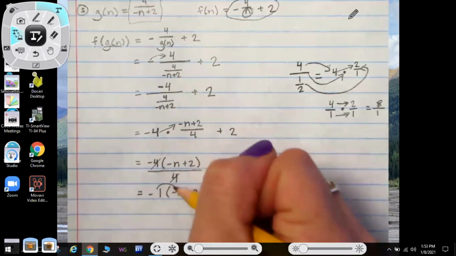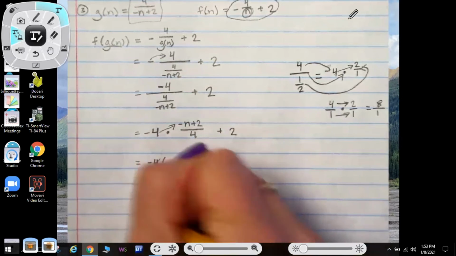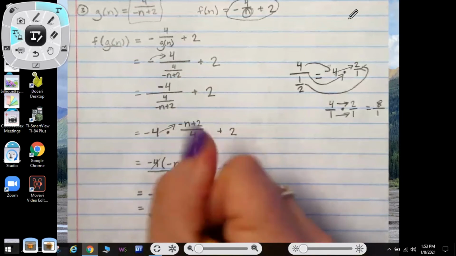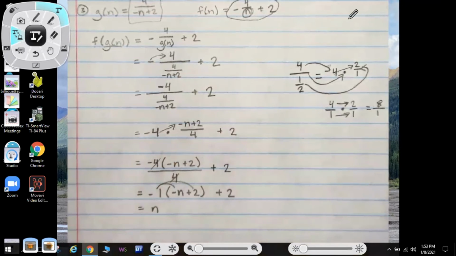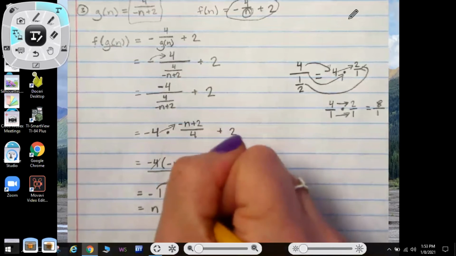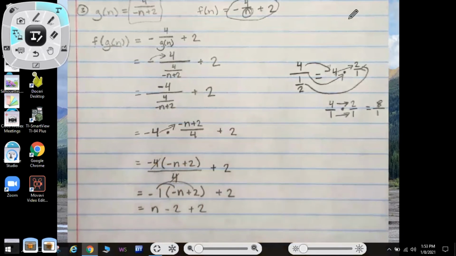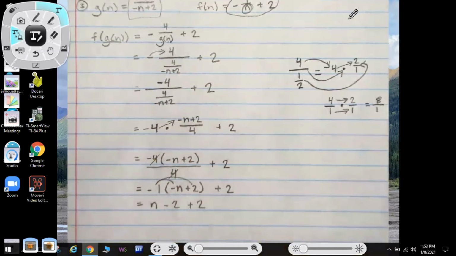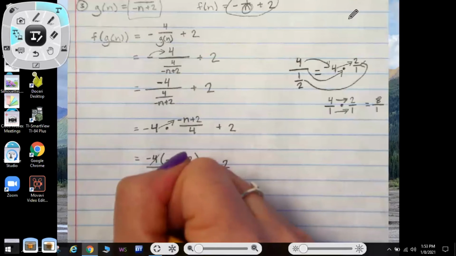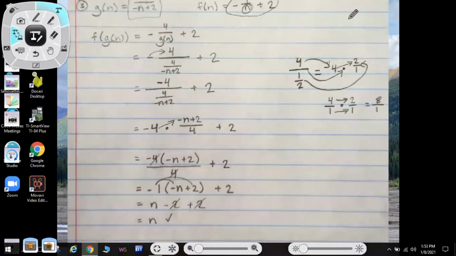So now we can distribute this -1. -1 times -n is +n. -1 times 2 is -2, plus 2. -2 plus 2 is 0. So we're left with n, which is what we want.